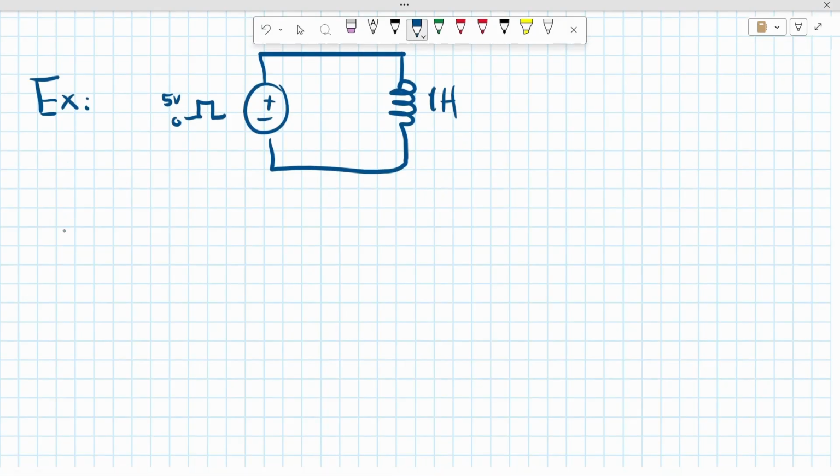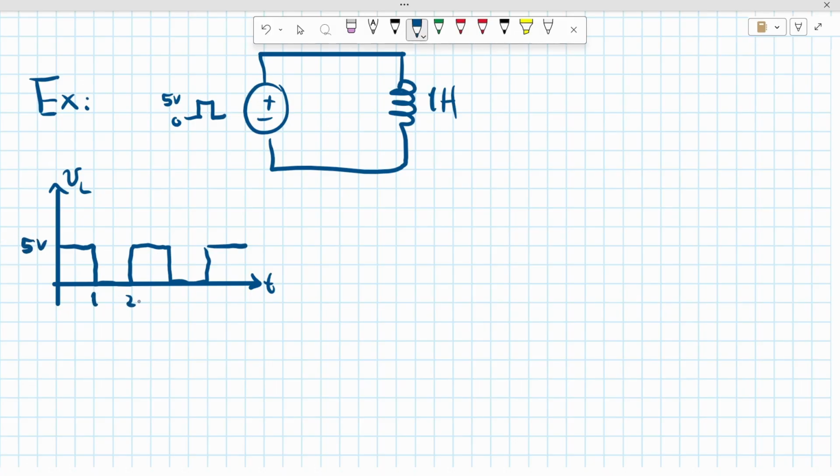So this is the inductor voltage. The L is 1. So let's make it like this, 0 and 5 volts. Right?